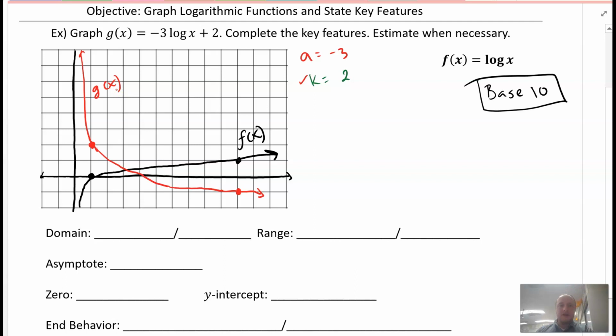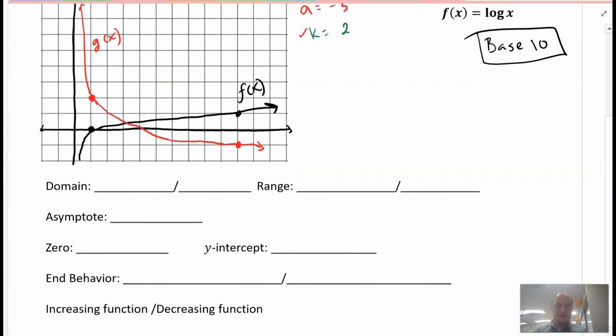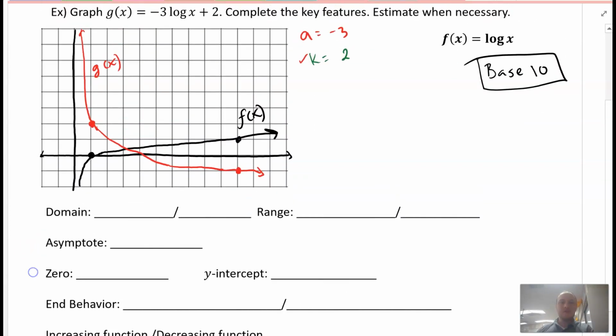All right. Okay, so let's go ahead and talk about the key features. The key features, domain. Notice that the domain is just greater than our asymptote, which is at 0. So we have an asymptote at x equals 0.